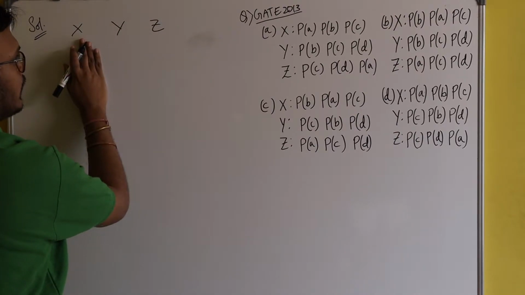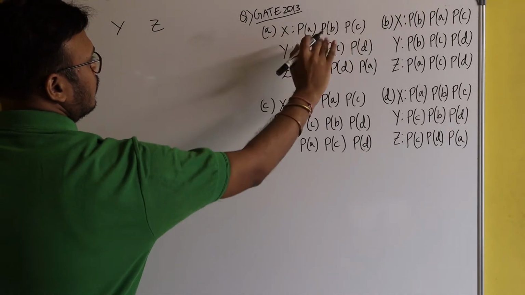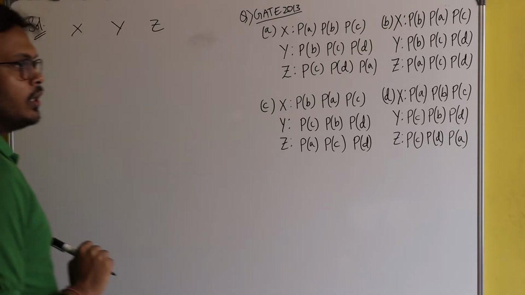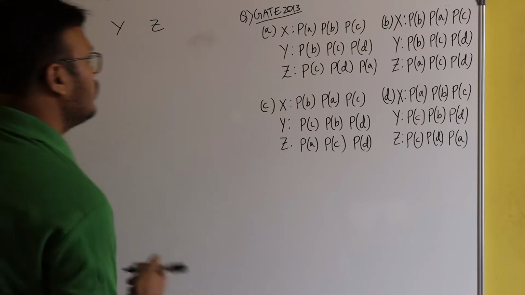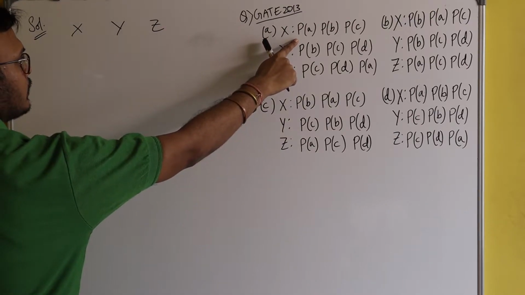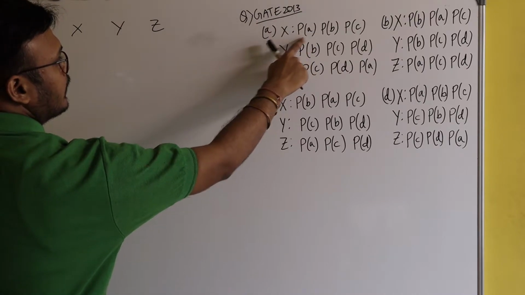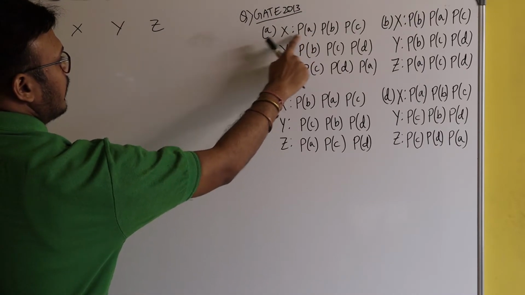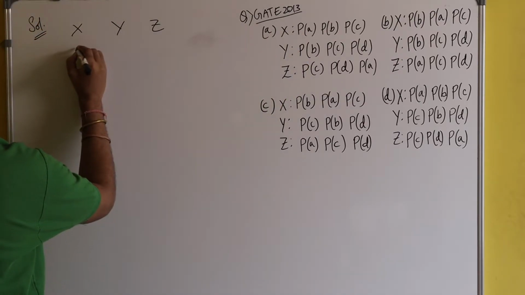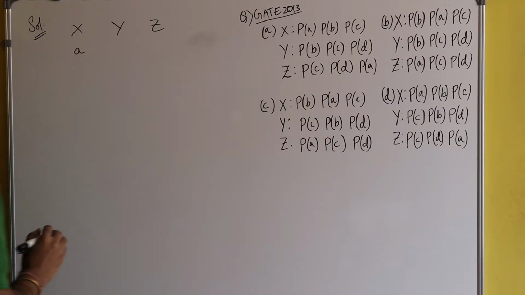Process X has to execute these codes PA, PB, and PC. Suppose process X has executed PA.